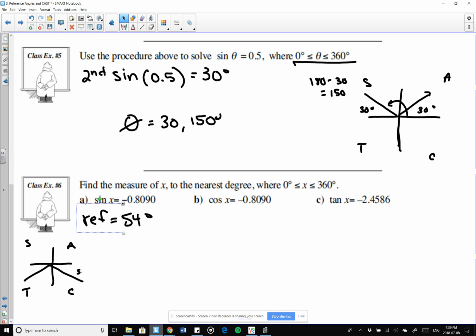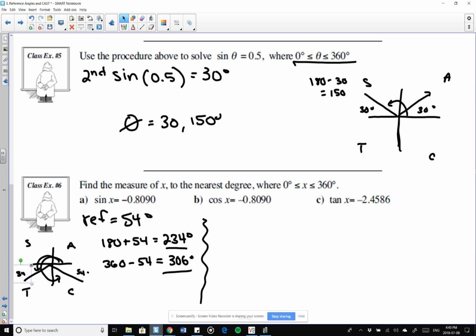I know both of those reference angles are 54 degrees, so I just have to find my standard angles. So to do the 1, I'm going to go 180 plus 54, and that gives me one of my answers is 234. And then I'd have to go 360 minus 54, and that gives me an answer of 306. So my two answers for this are 234 and 306.